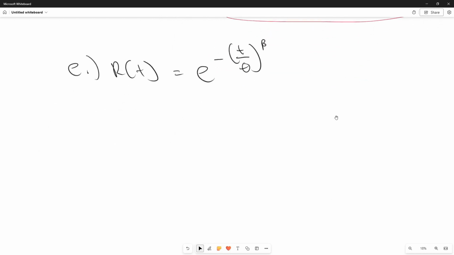If you take ln of both sides, ln R equals ln e to the negative t over theta raised to the power beta.